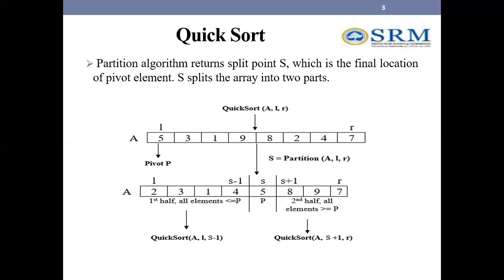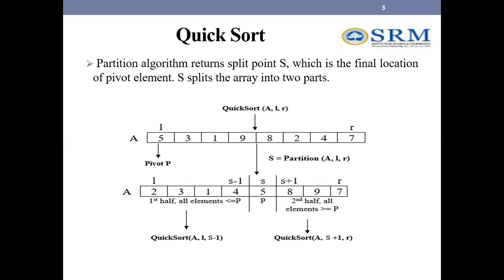And after the split point, the right half of the array is S plus 1 to the right index. So here the split point, that is the location of the pivot element, divides the array into two parts. The first part, all elements: take 2, 3, 1, 4.